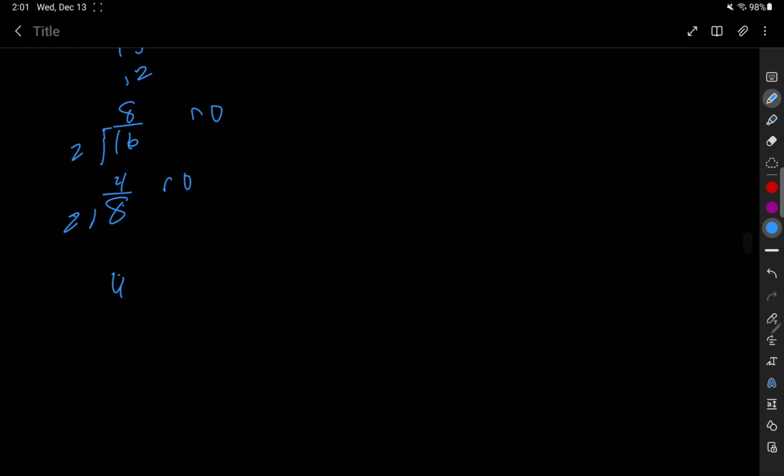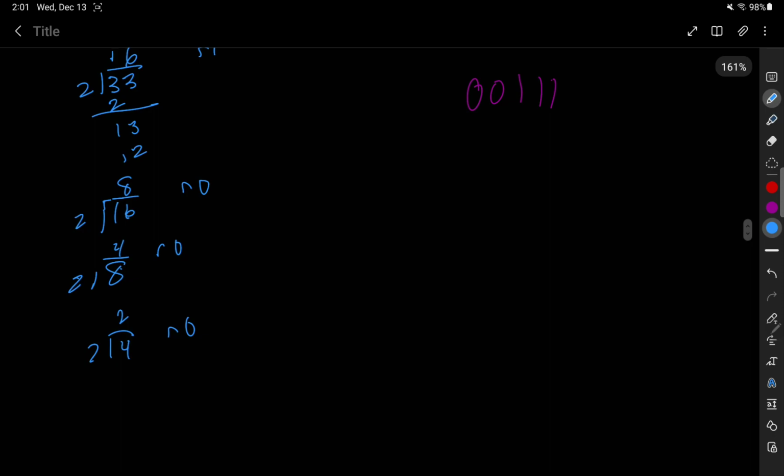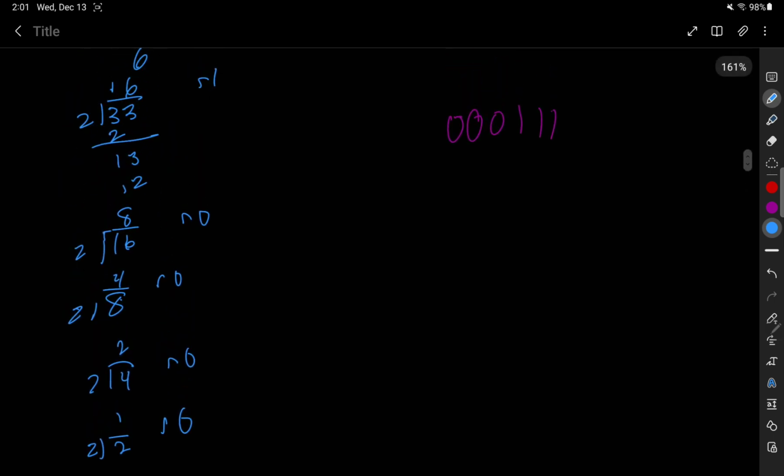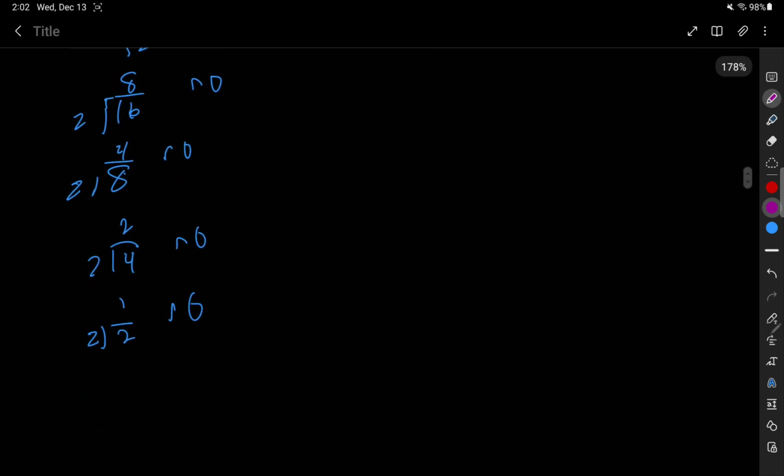Then 4 divided by 2, 2 goes into 4 two times, a remainder of 0 again. So we have 3 ones and 3 zeros. Then 2 goes into 2 one time, remainder of 0, and then we get 1 divided by 2, which is 0, remainder of 1.